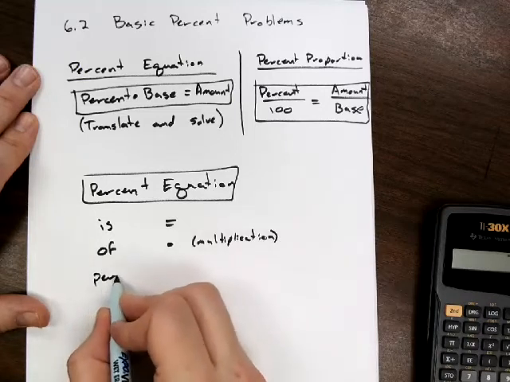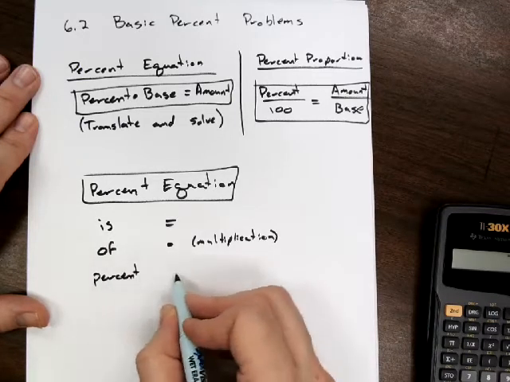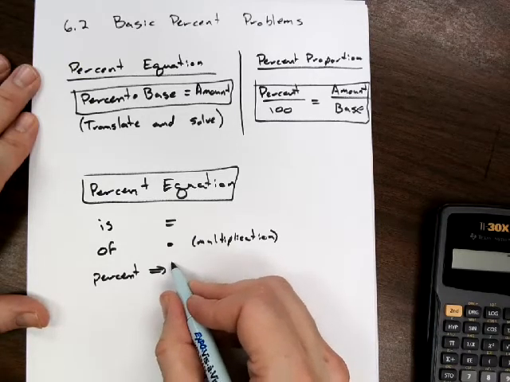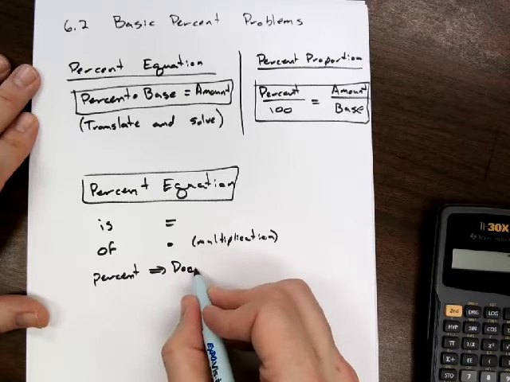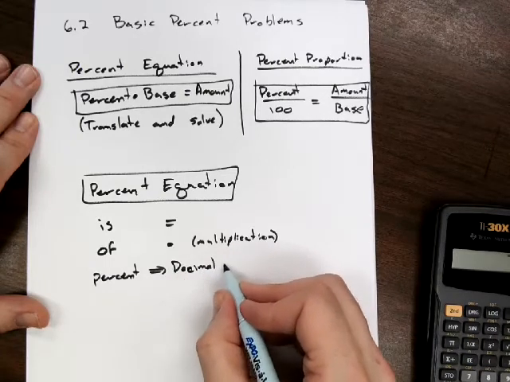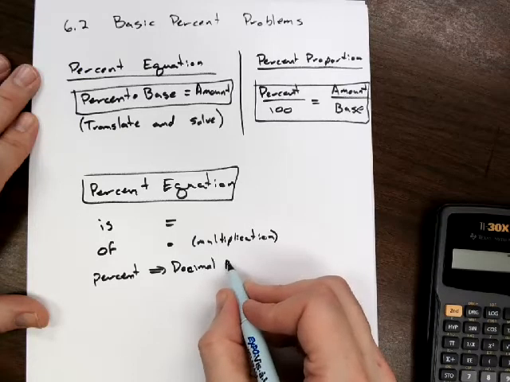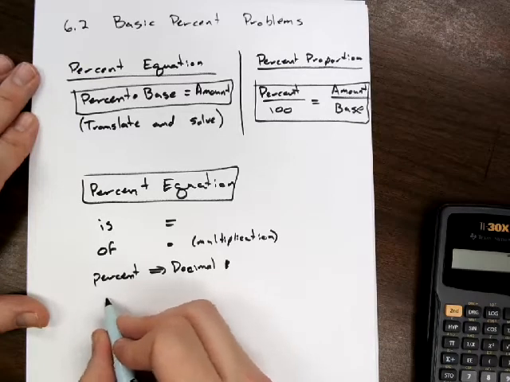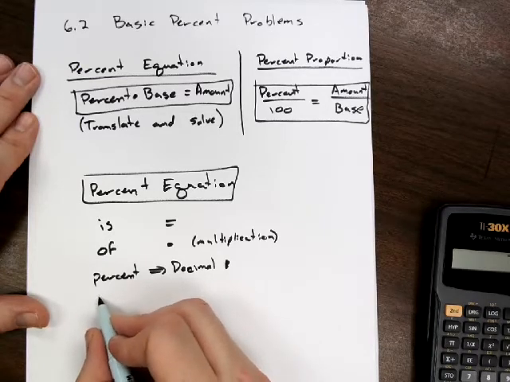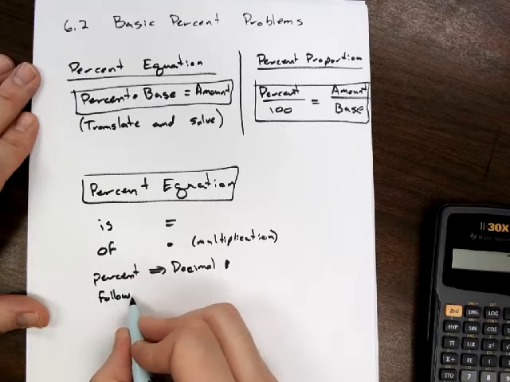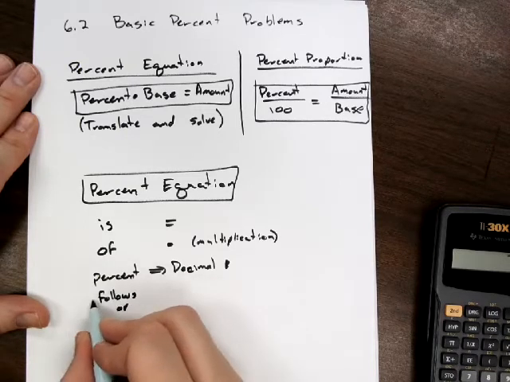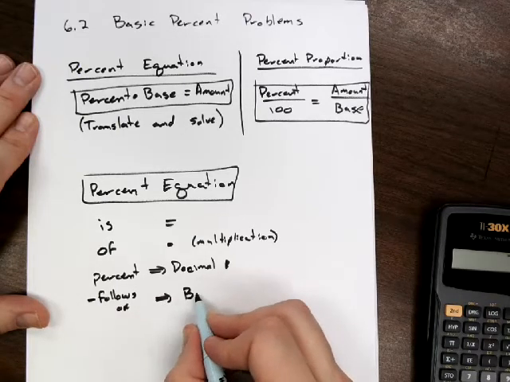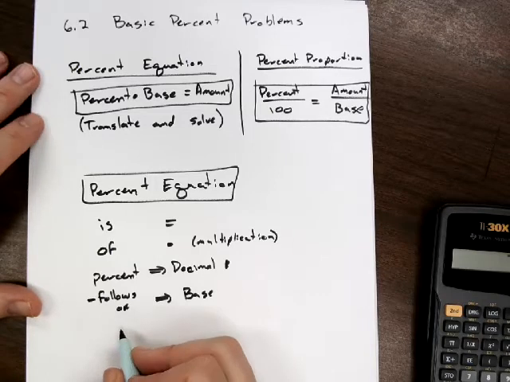Percent, of course, is our percent, so we need to convert it to a decimal number to represent the percent. Whatever number follows the word of, that right there is going to be our base. Whatever is left over is going to be our amount.